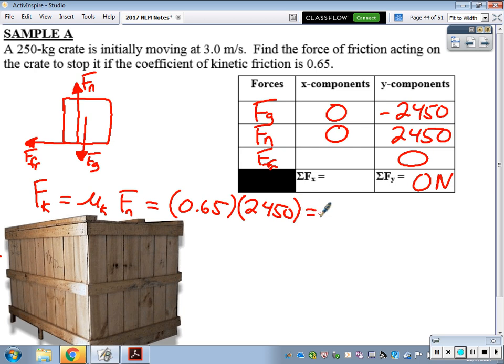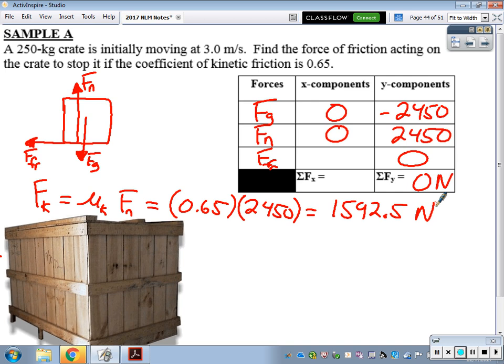Pluggy chuggy. And Alondra, when you have that, please let me know. 1592.5 with units of newtons, because that is going to be our force.